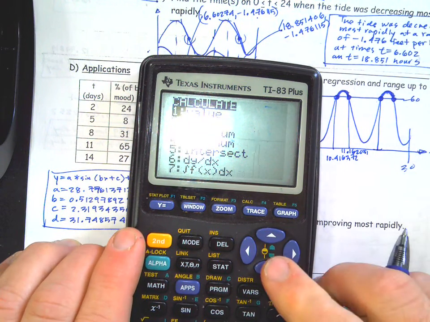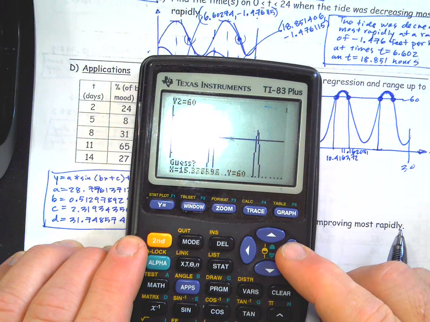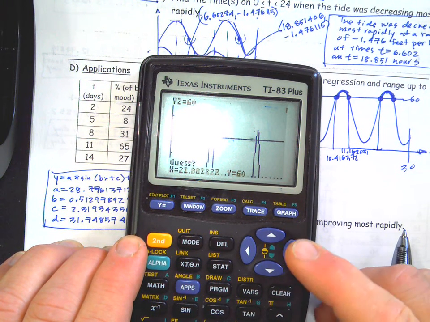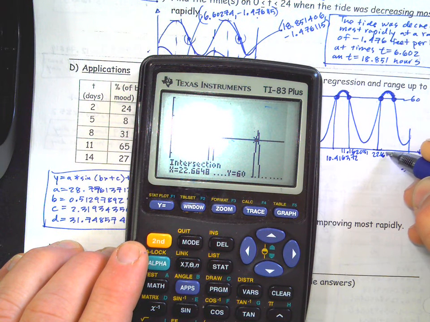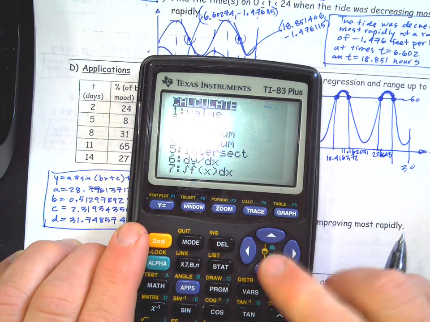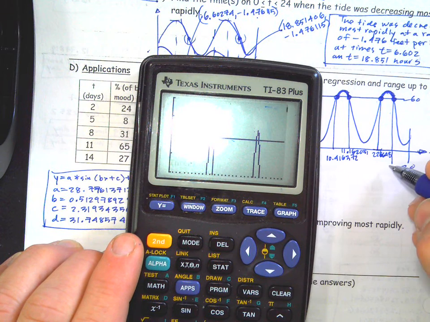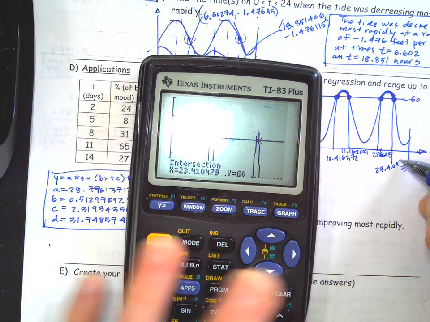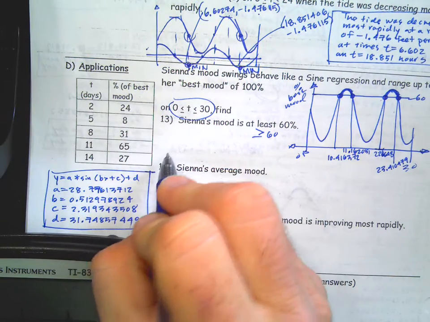Second calculate, intersect, first curve, second curve, guess. 22.6648. And then this guy, second calculate, intersect, first curve, second curve, guess. 23.410479.